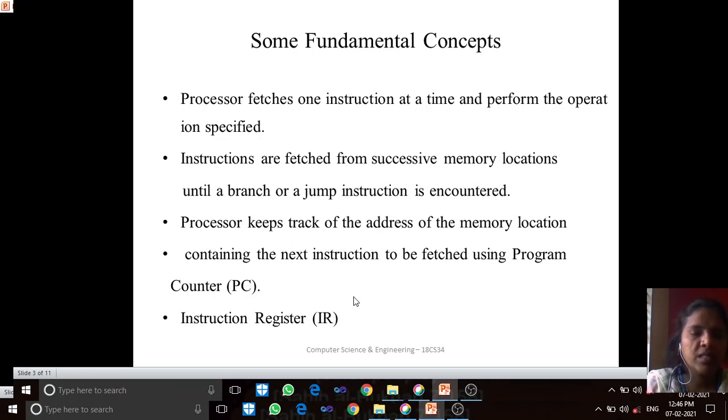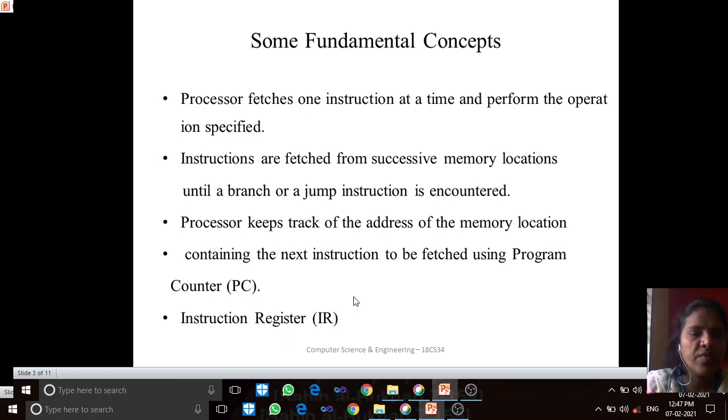So if it is a 32-bit memory, the consecutive memory locations start from 0, 4, 8, 12, 16 and so on. If the word length is 16 bits, that is 2 bytes, the successive memory locations will be 0, 2, 4, 6, 8 and so on.